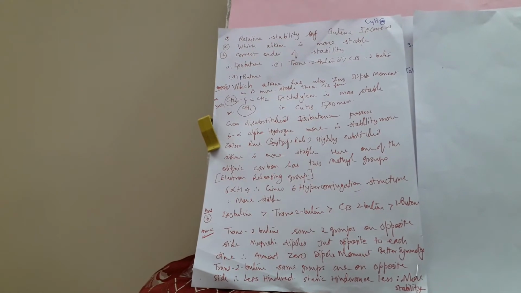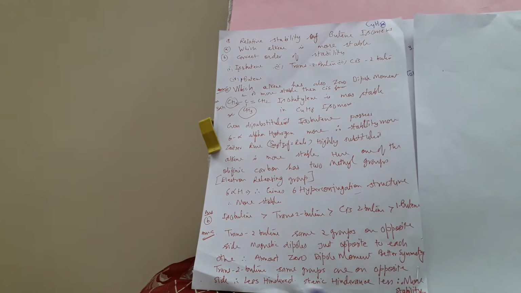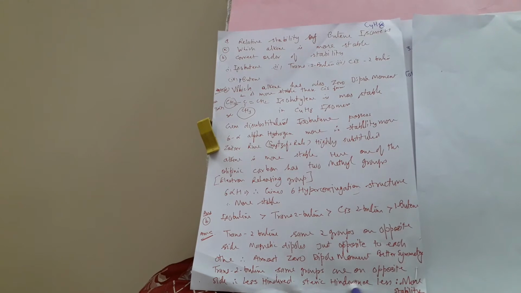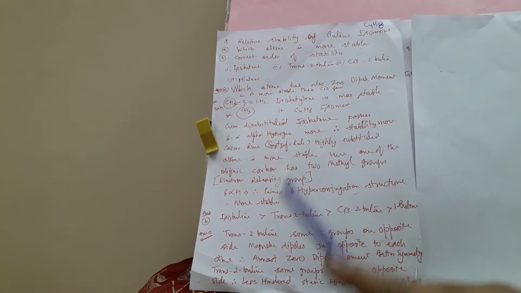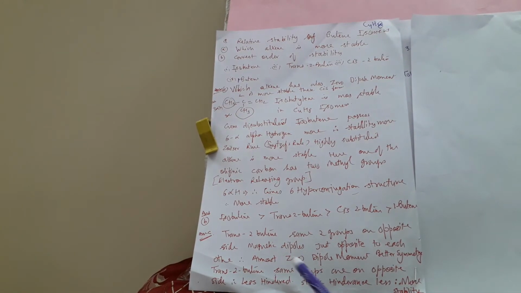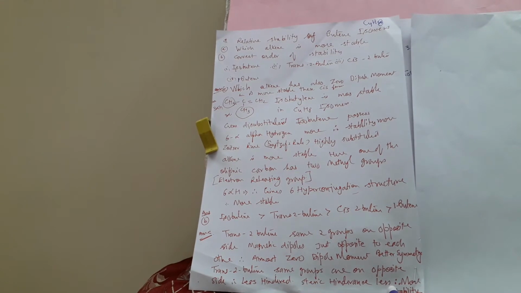Because the alkyl groups are opposite to each other, so they have better symmetry. In trans-2-butene, the same groups are on opposite sides, so there is less hindrance, and it is more stable than cis, but less stable than isobutene. Here I told you why trans-2-butene is more stable than cis-butene.